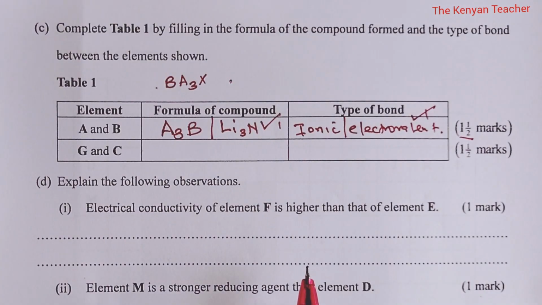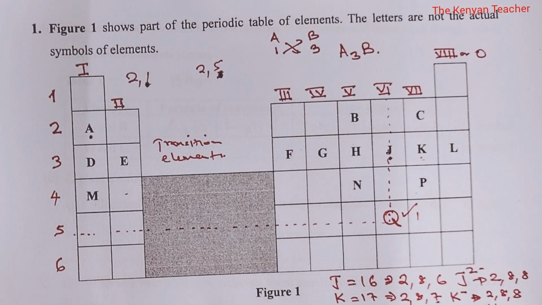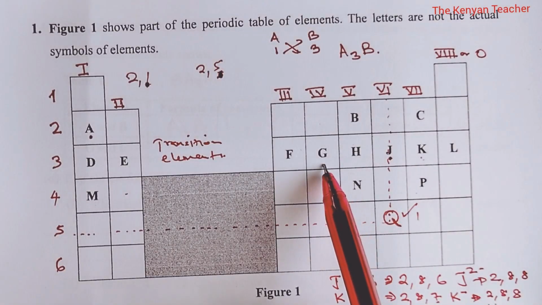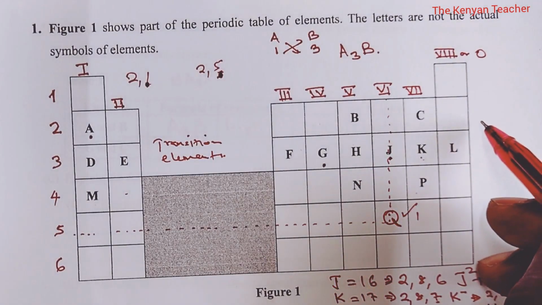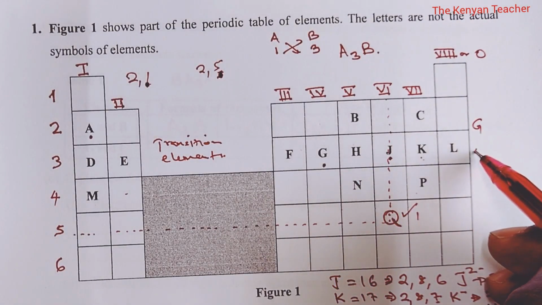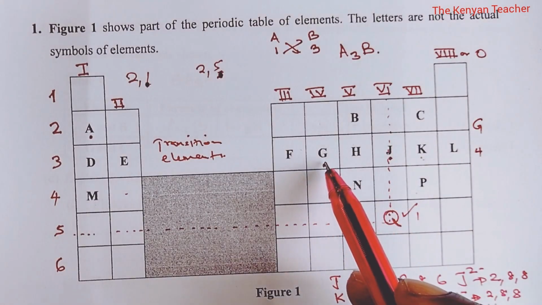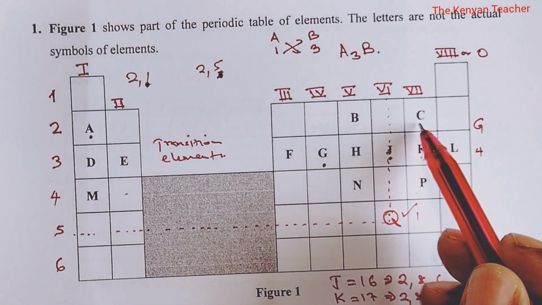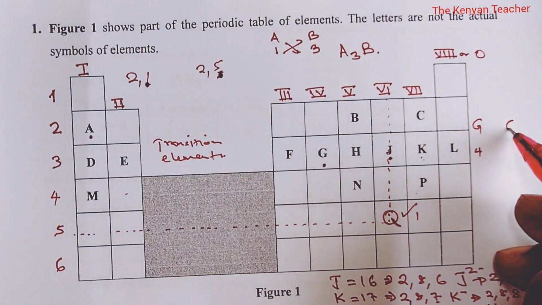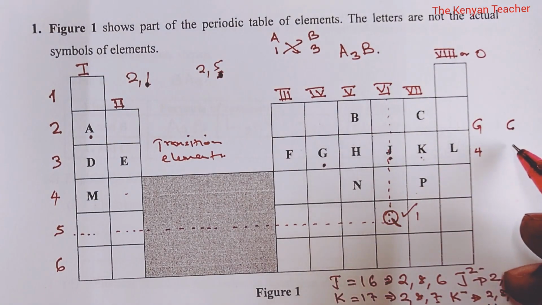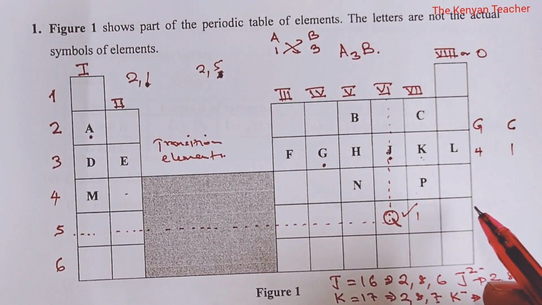Let's now get back to our table or our grid once more and have a look at the positioning of elements G and C. Now, G is group 4. So, the valency of G is obviously 4. C is group 7, and the valency would be 1.